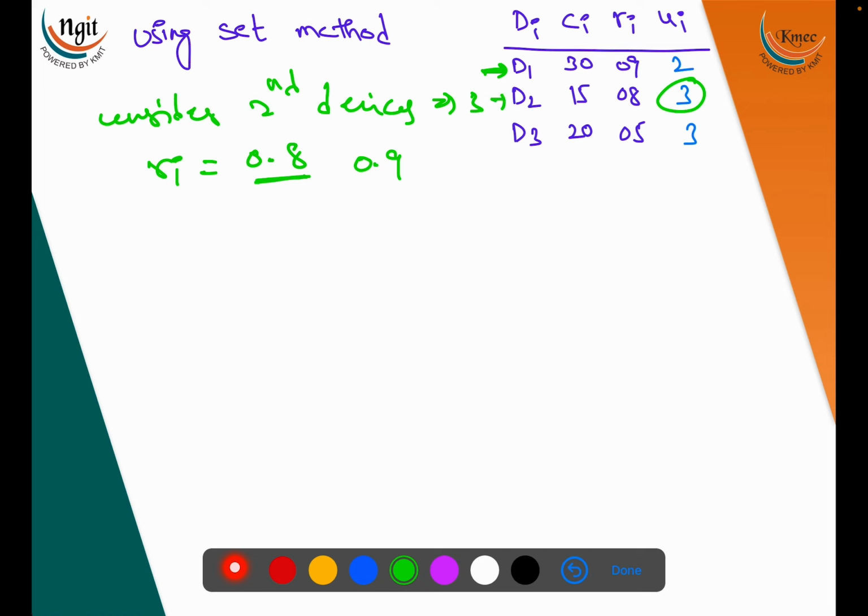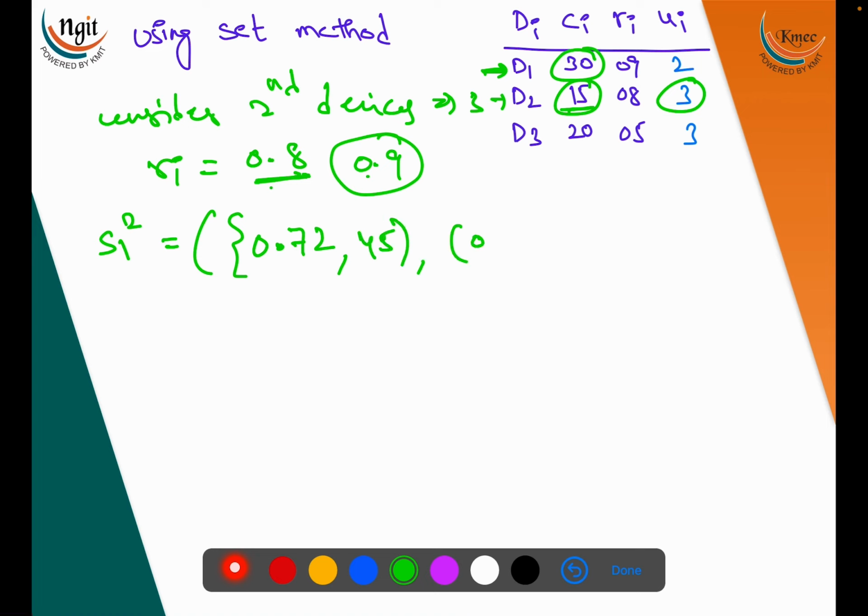So we will multiply this. 0.9 is D1, 0.8 is D2. Now S2 first is equal to 0.8 into 0.9, which is 0.72, comma 30 plus 15. 30 is this cost, 15 is this cost. It becomes 45, comma 0.792, comma 75. This is S1 with a single copy.